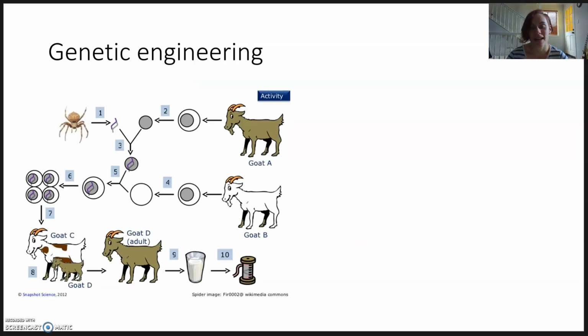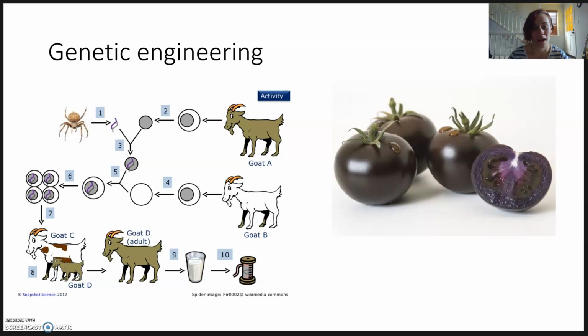So spider silk protein can be produced in goat's milk in order to commercially be used as a really strong fiber. It's much quicker and much more reliable to have it harvested this way than just harvesting spider webs.